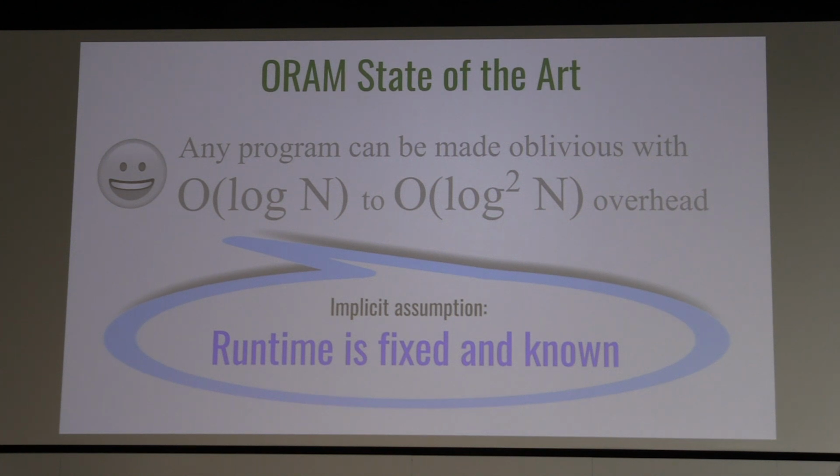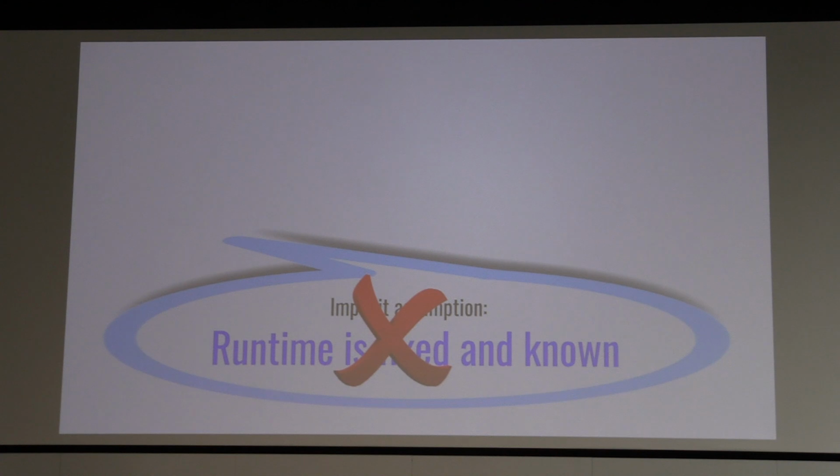fixed and publicly known. It means if you feed the program with any inputs, it runs in the same amount of time. Right? So this assumption doesn't always hold. If this assumption holds, then you can have logarithmic to log squared overhead. But when it doesn't hold, on some inputs, it can run longer than others, right? So if that's the case, you can basically distinguish the input by reading the runtime.